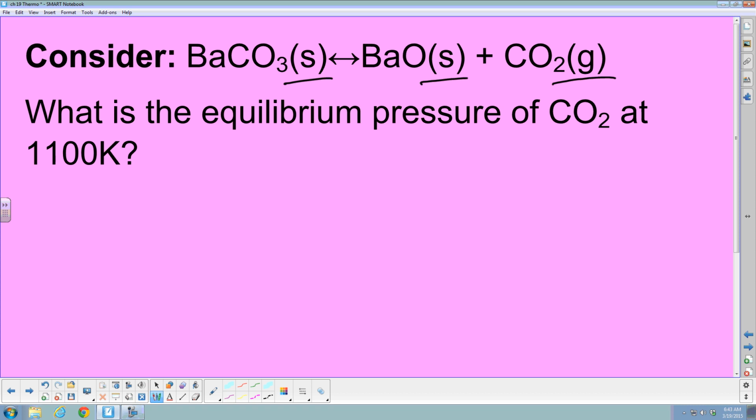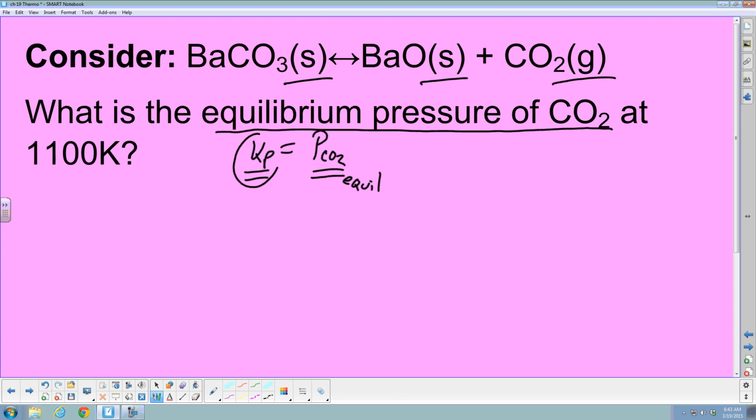Well, what would my Kp be? My Kp is equal to the partial pressure of CO2. So if I find my K, guess what I find? I find my equilibrium pressure of CO2. So really all they're asking for here, when they say find the equilibrium pressure of CO2, they're asking me to find the Kp.